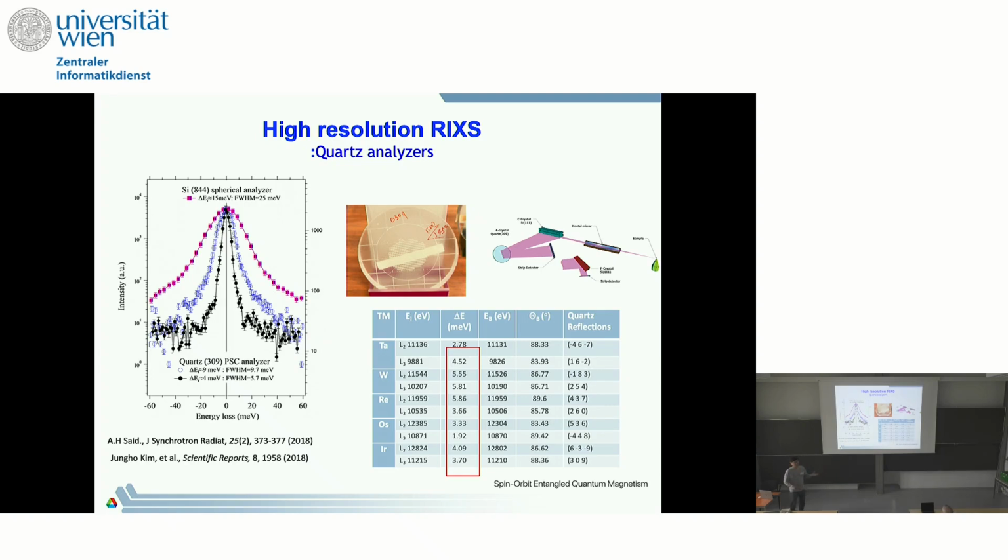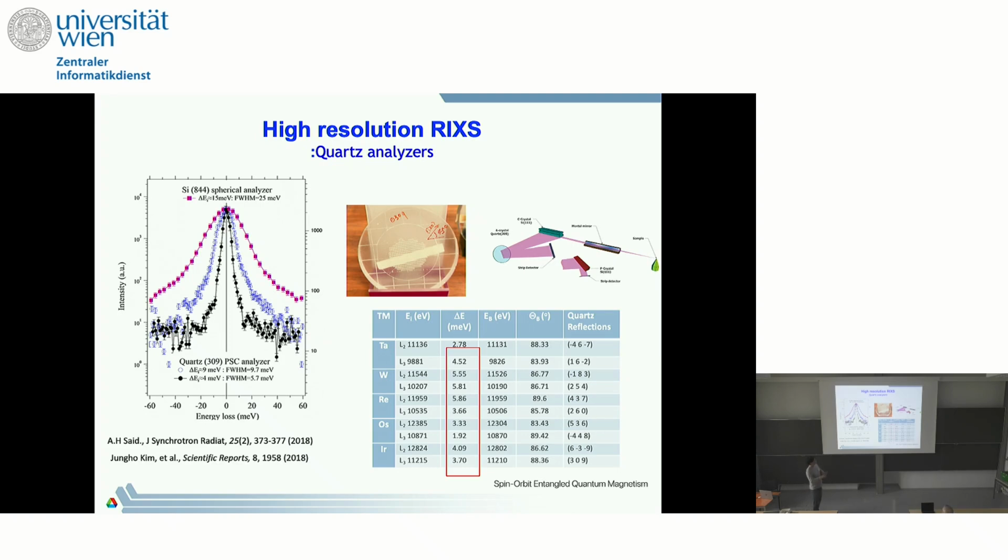But ultimately, using a quartz analyzer, you can access the meV range. For example, in the iridium case, what I measured experimentally was about 6 meV, which was the record. As you can see here, you can achieve meV resolution for all the 5d systems, and in the ultimate case even 2 meV.